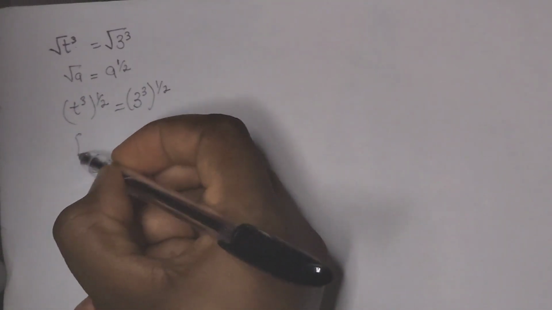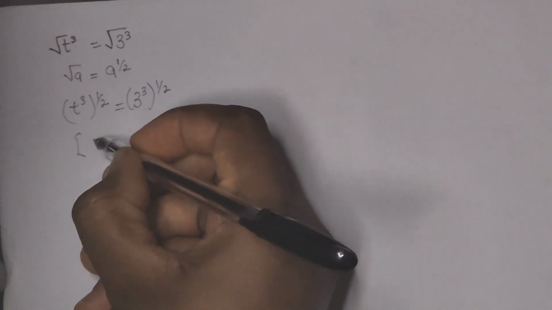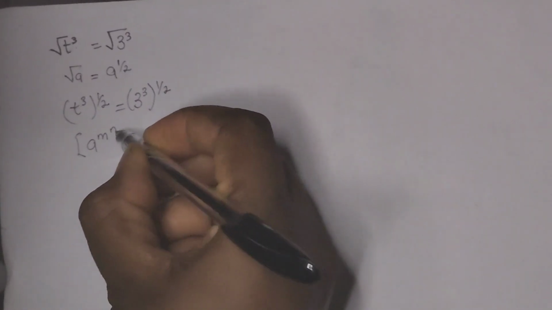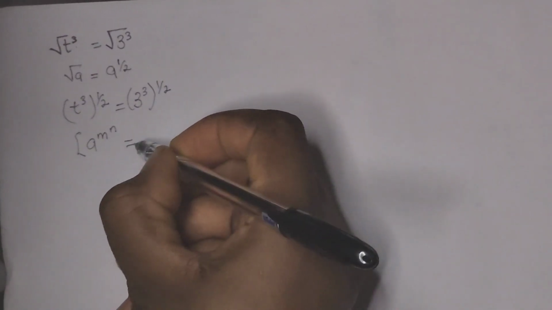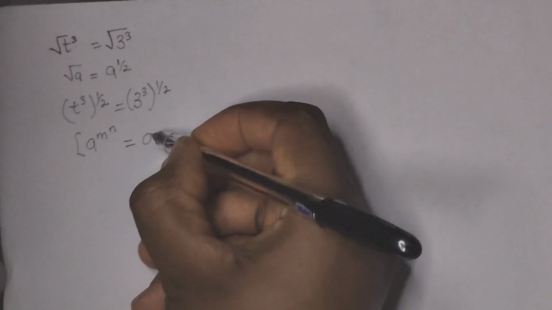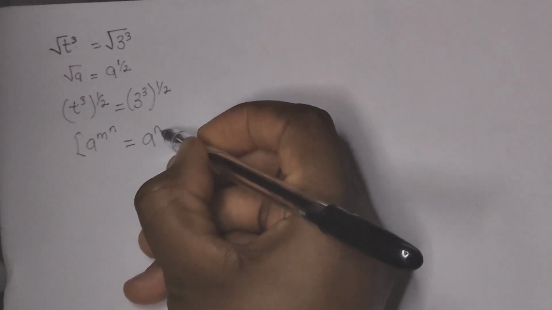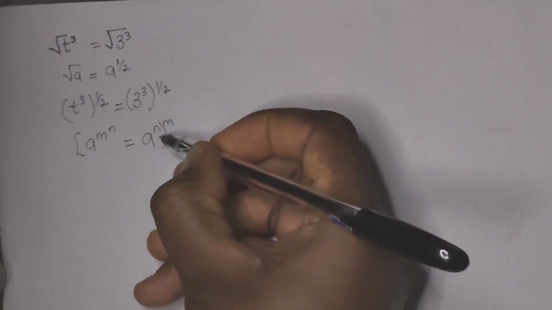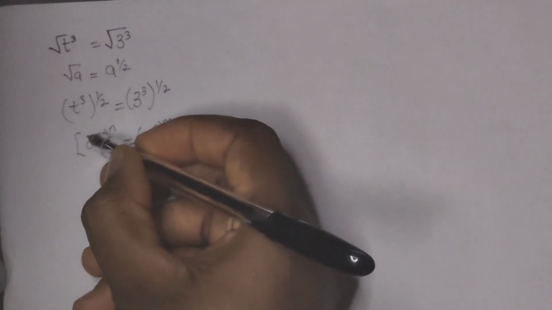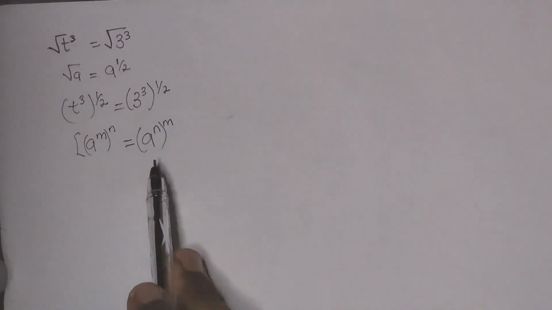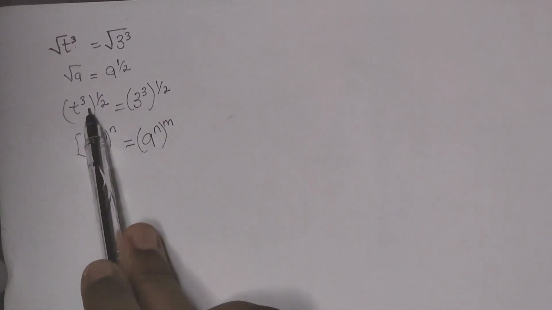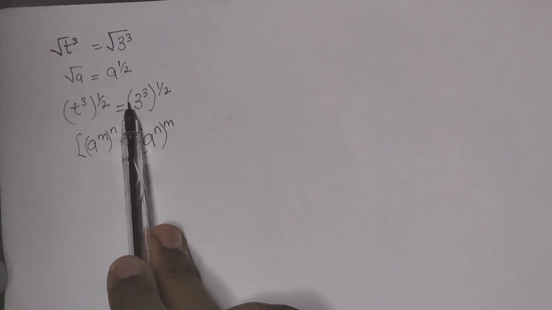Then let's also recall that in indices, if a is raised to the power m and further raised to the power n, this is the same as a to the power of n further raised to the power of m. So we are going to be applying this particular rule to this equation.